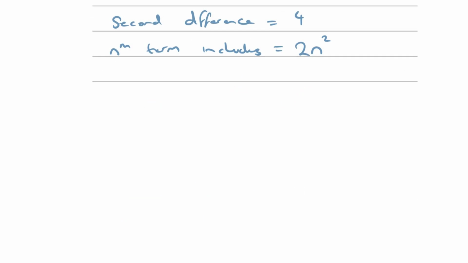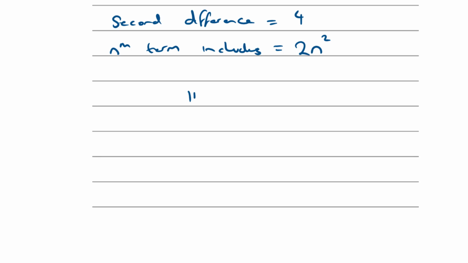So if I take my sequence, which is 11, 26, 45, 68, and I compare that with 2n squared. So this is n is 1, n is 2, n is 3, n is 4, isn't it?